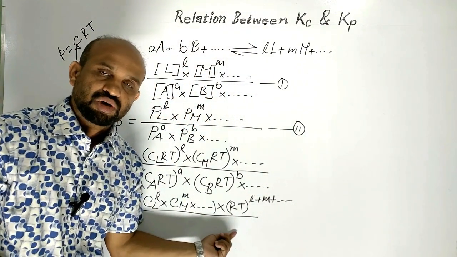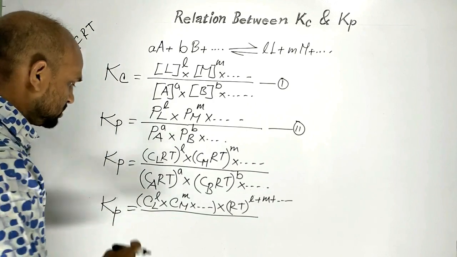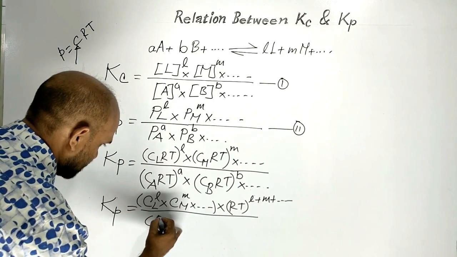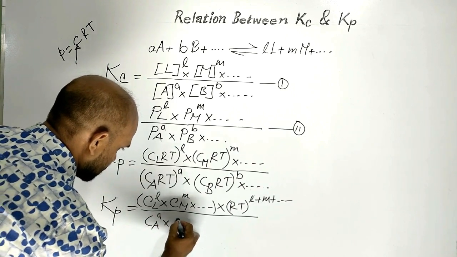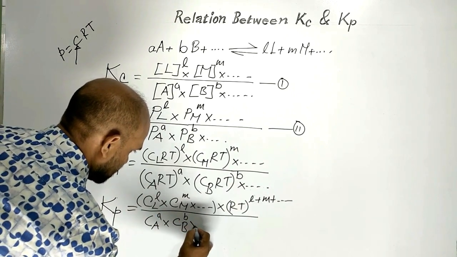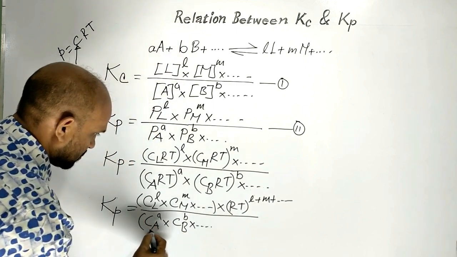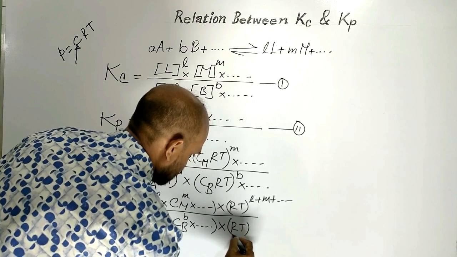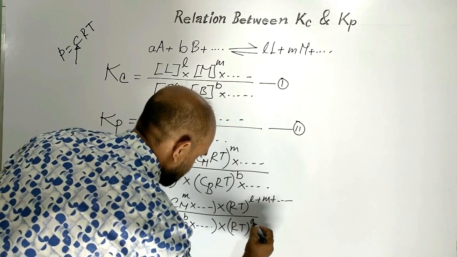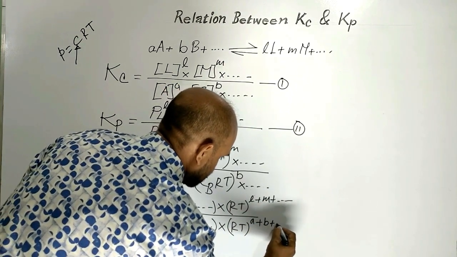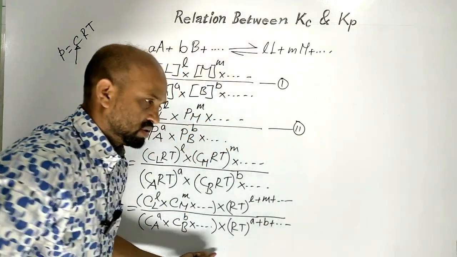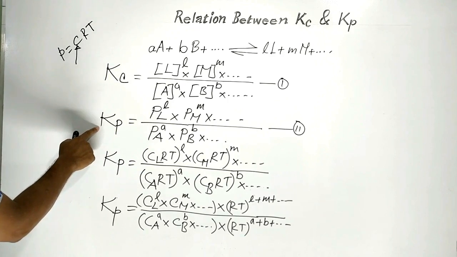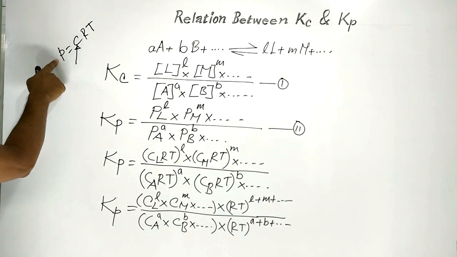Here the powers are added. This is divided by concentration of A to the power a into concentration of B to the power b and so on, into RT to the power a plus b plus and so on. This is the equation we got from equation 2, putting the value of P.